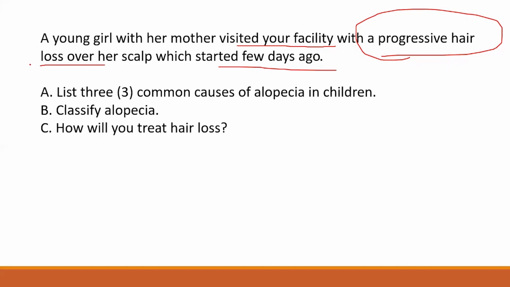Then for people with trichotillomania, a psychological problem, you can give them SSRIs, selective serotonin reuptake inhibitors. So all of these can help in the management or treatment of alopecia.